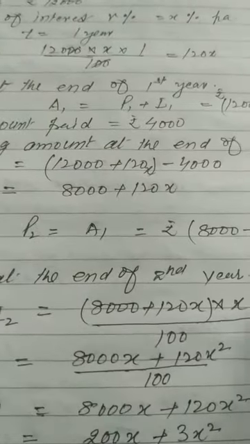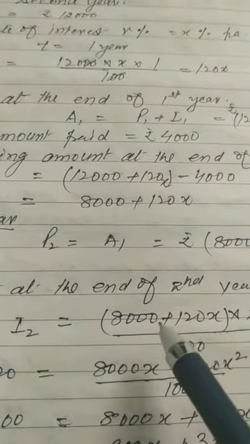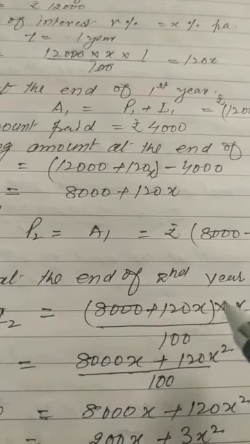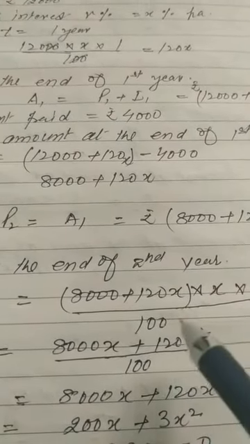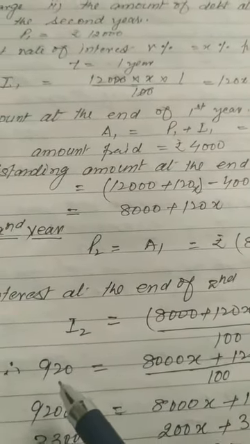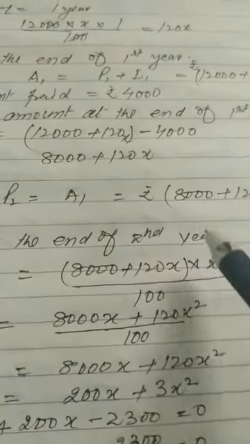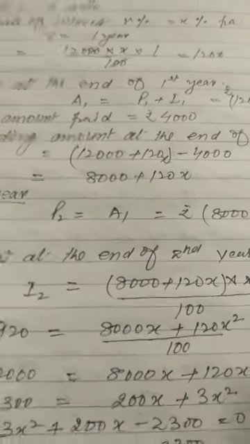Interest at the end of the second year, I2 equal to 8,000 plus 120X multiplied by rate of interest X into 1 over 100. The interest for the second year, 920, is given, so X multiplied by 8,000 plus 120X square.